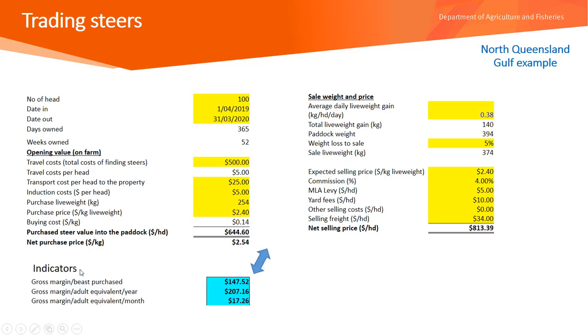From that, we calculated these indicators like gross margin per beast or gross margin per adult equivalent per year or gross margin per month, but we said no, the one that we can compare with other classes of livestock is the gross margin per AE after interest, because we bring them back to a standard grazing pressure for this class of cattle, the dollars per standard grazing pressure, and we take into account the amount of capital, the opportunity cost of the interest tied up in those cattle. And we've also got there our indicator for return on livestock investment.